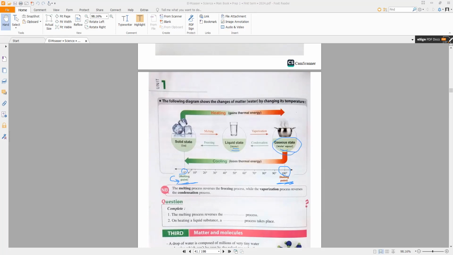So at 0 degrees Celsius, the melting point of ice, the ice changes into water. At 100 degrees Celsius, the boiling point, the water changes into water vapor. So 0 degrees Celsius is the melting point of ice and 100 degrees Celsius is the boiling point of water.